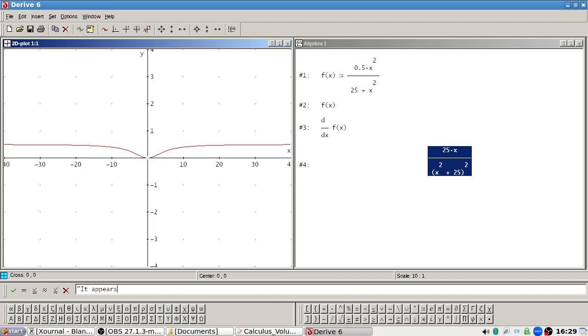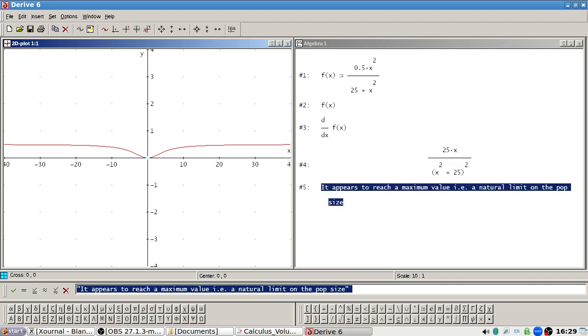It appears to reach a maximum value, i.e. a natural limit on the population size.